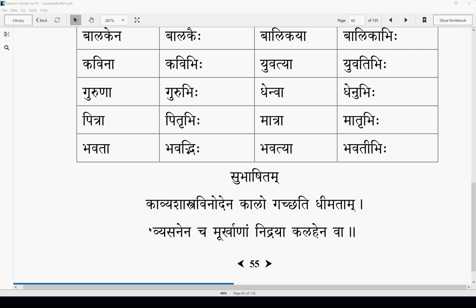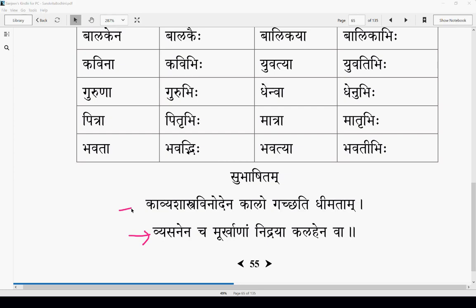That was the first sentence. But is that the literal translation? What about fools are addicted to arguing? The second one will come later. The first one, wise people spend their time by discussing poetry and science. But is that a literal translation?